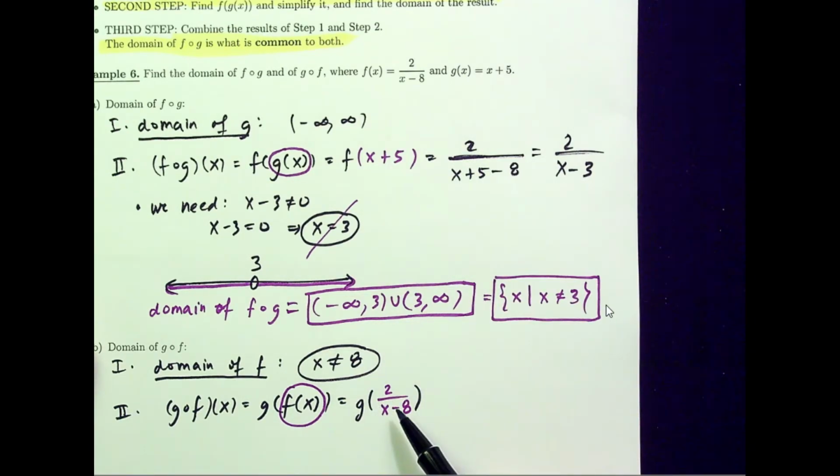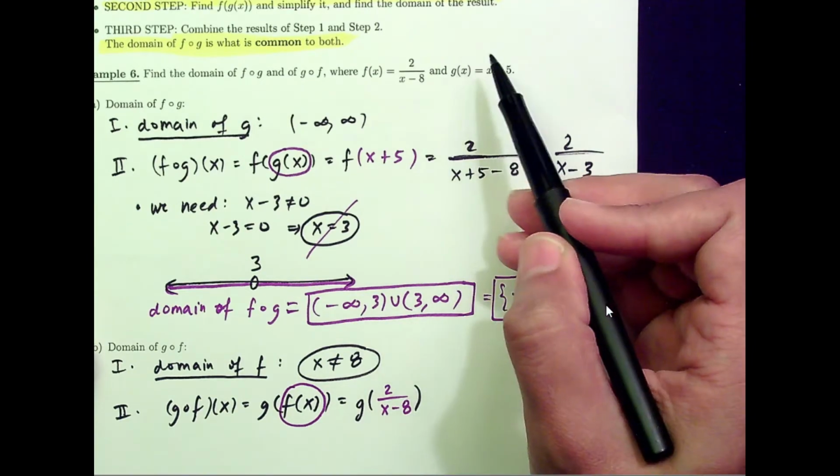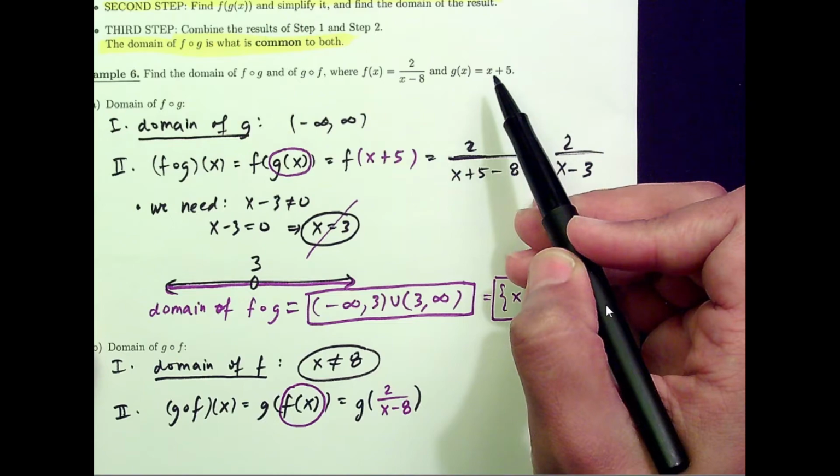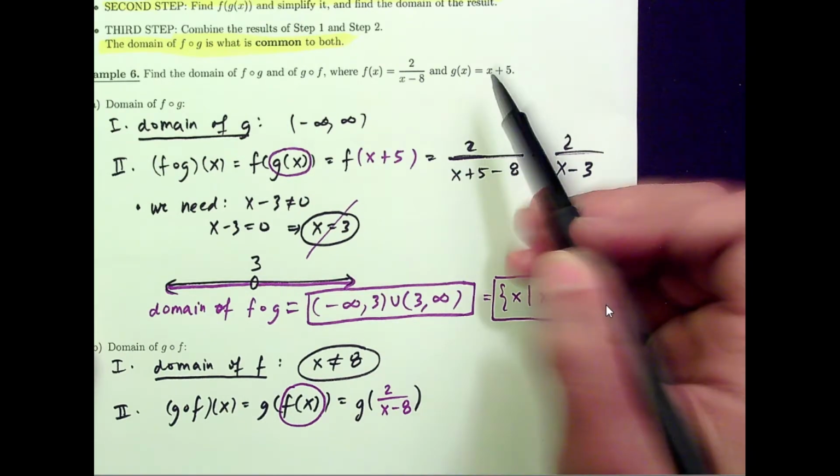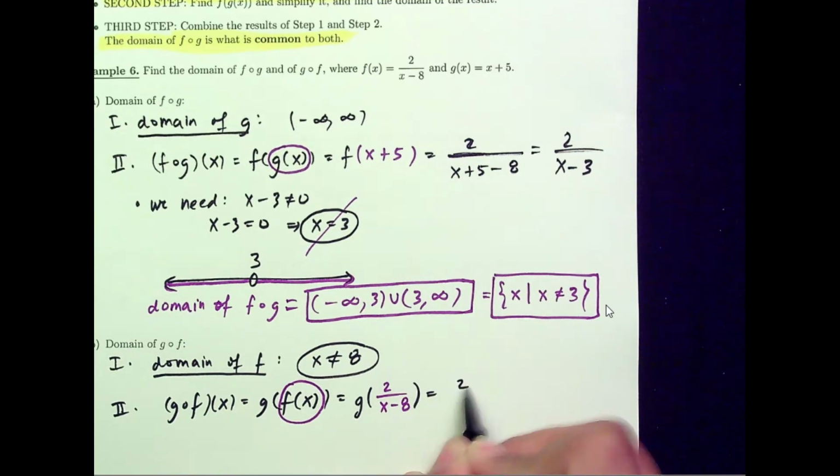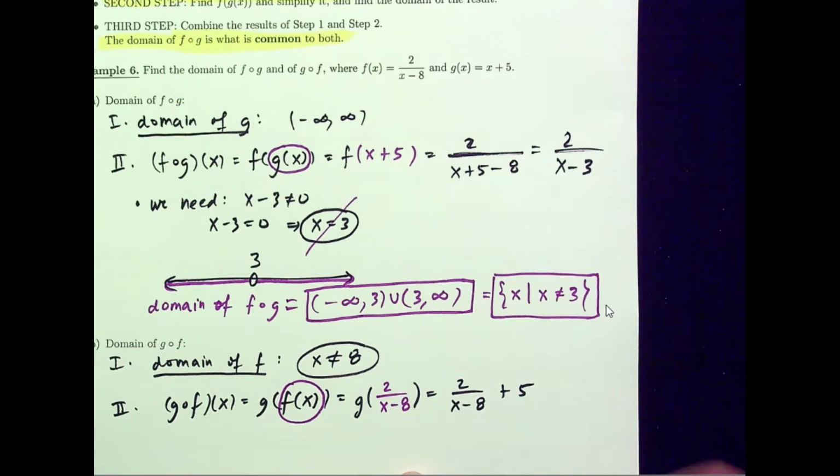And now in the formula for G, I'm replacing the x with this. I don't have x inside the G anymore. I have this thing. So wherever I see x, I'm going to replace it with that. So this is going to be equal to 2 over x minus 8 plus 5.